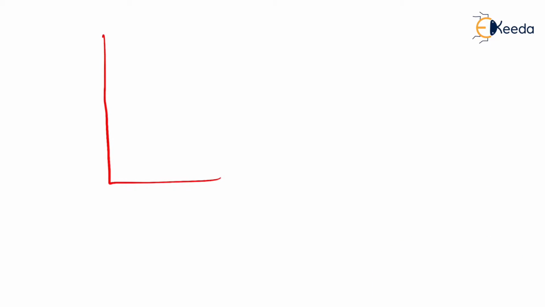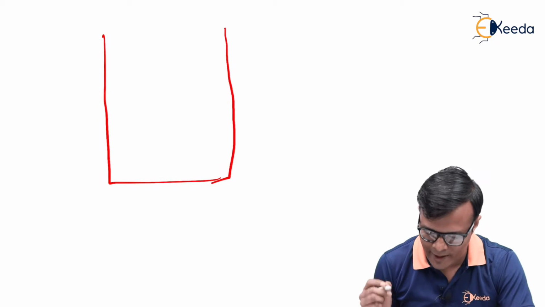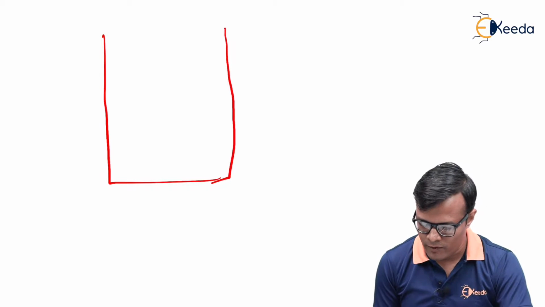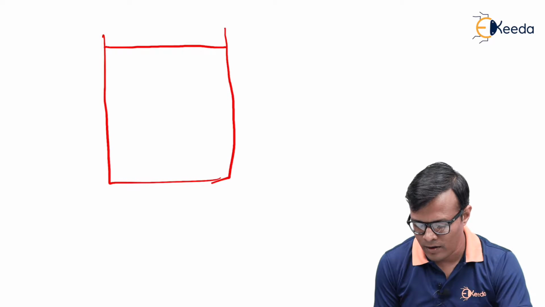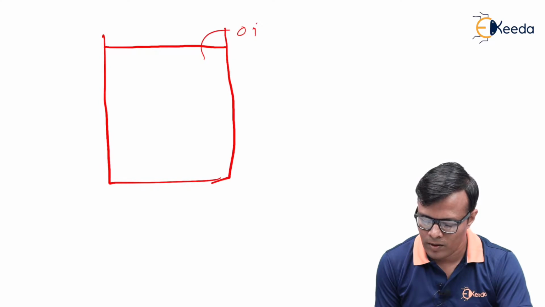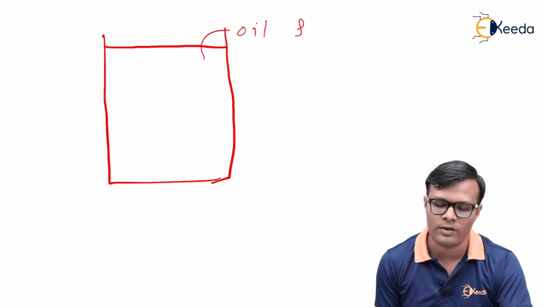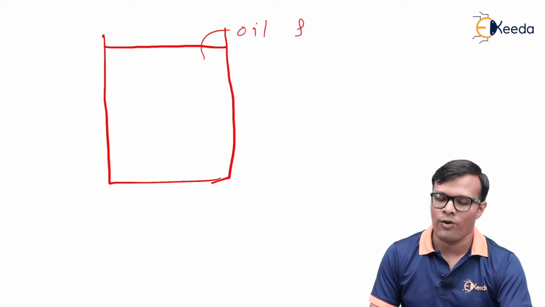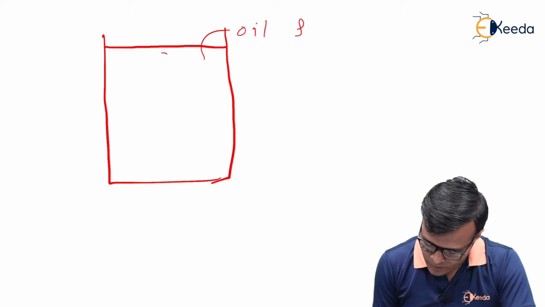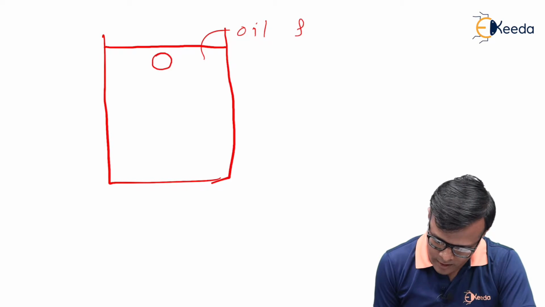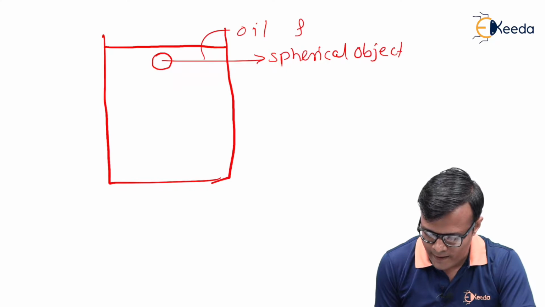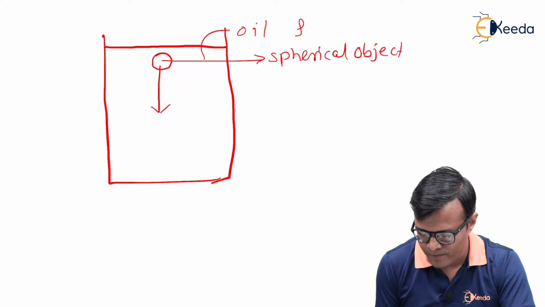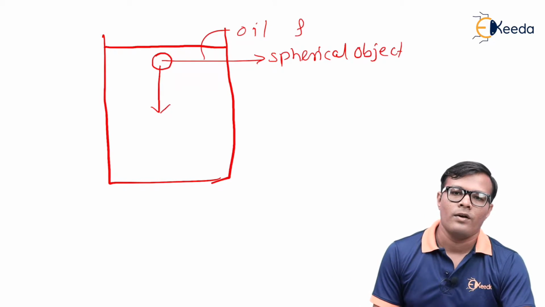Say for example, if this is a glass, in fluid mechanics we do an experiment in which we fill a cylindrical measure with oil of known specific gravity or unit weight. We consider a spherical object and it is dropped freely into the fluid.